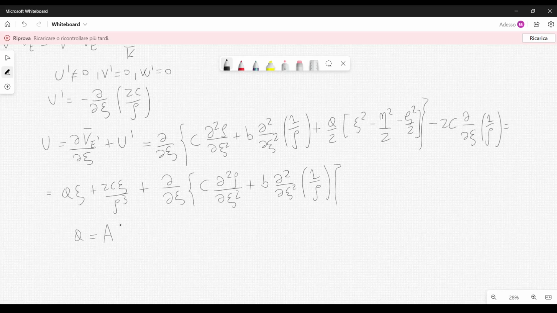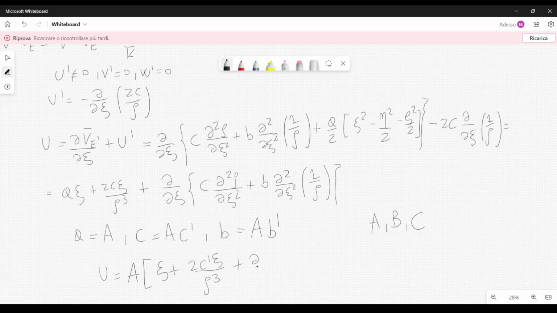A will be equal to capital A, whereas C is equal to capital A times another constant C prime, and B is equal to capital A times B prime, where A here is exactly the constant that we mentioned when we spoke about the dilatational constants, capital A, capital B, and capital C. So U can be rewritten as A times xi plus 2c prime xi over rho cubed plus derivative with respect to xi of c prime d squared rho d xi squared plus b prime d squared d xi squared 1 over rho.